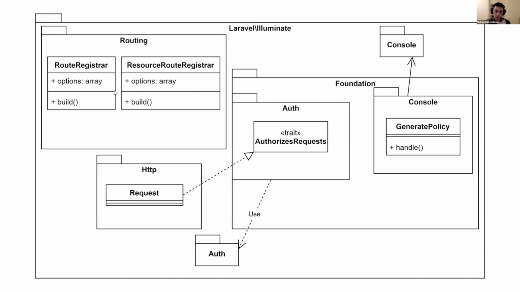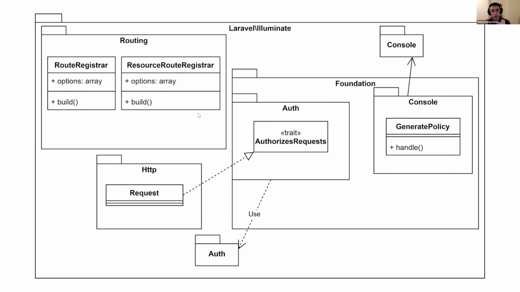The route registrar registers every single route, but the resource registrar registers a group of REST routes for a given resource. And there was an option named missing for the route registrar, which identified the fallback function if the model could not be found for this route.